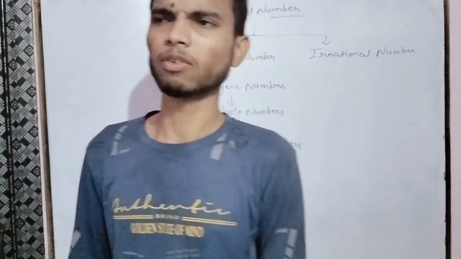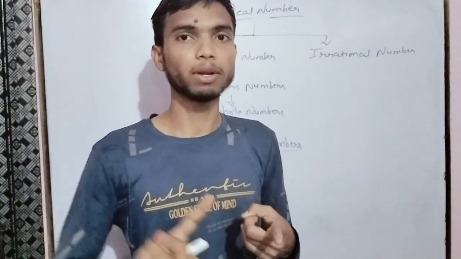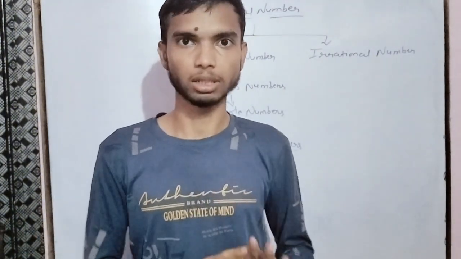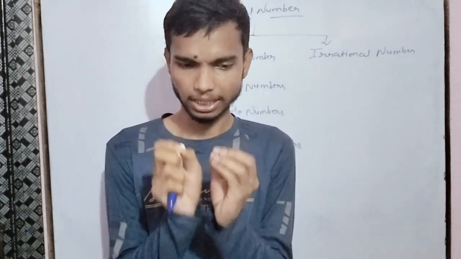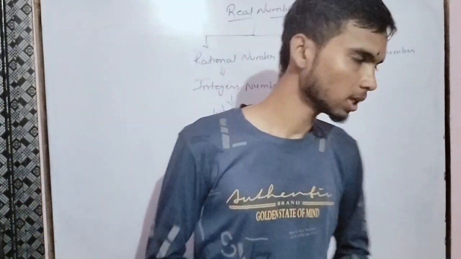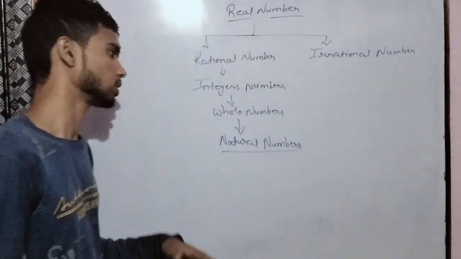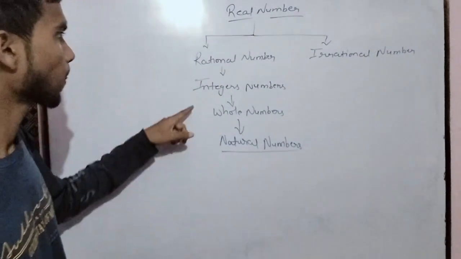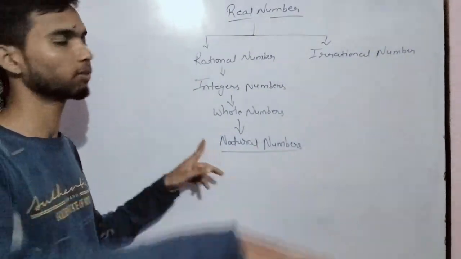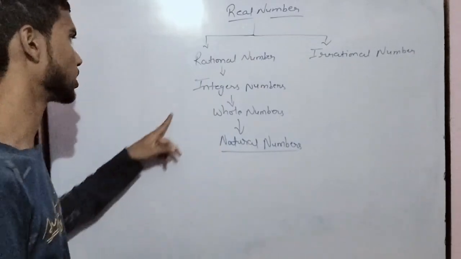As you know, the meaning of infinity is that numbers will never end. So natural numbers start from 1 till infinity, and whole numbers start from 0 till infinity.